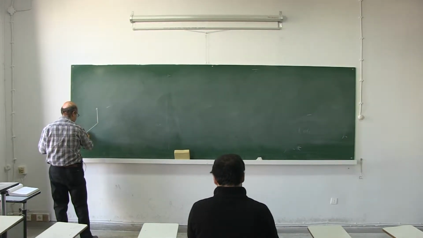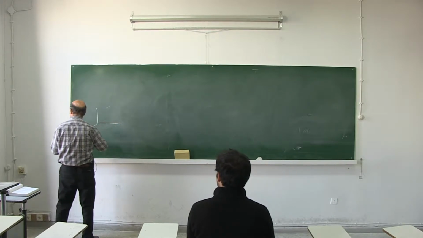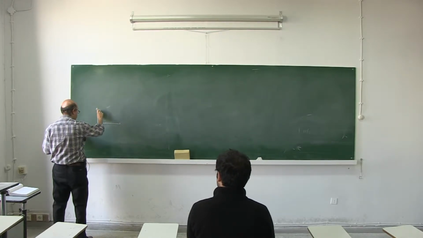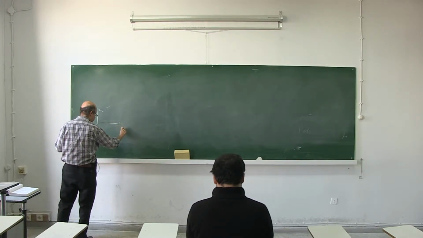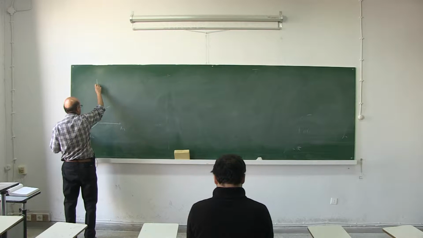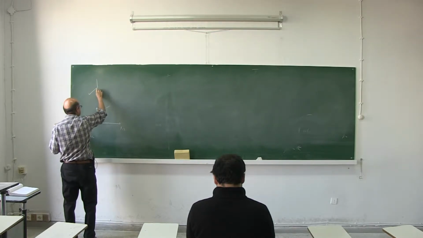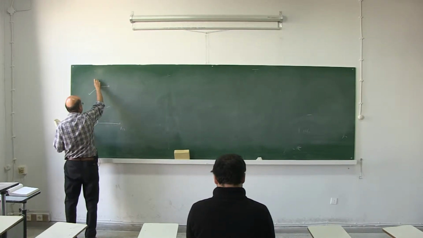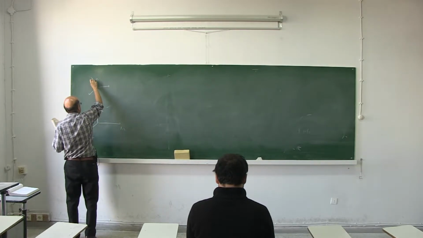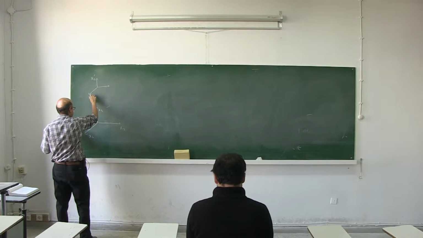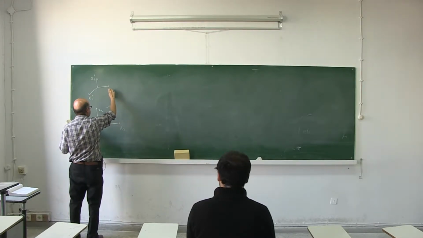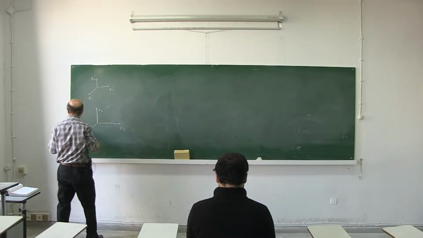So suppose that we have one coordinate system, x1, x2, and x3, and another observer in another coordinate system, x1 prime, x2 prime, and x3 prime.